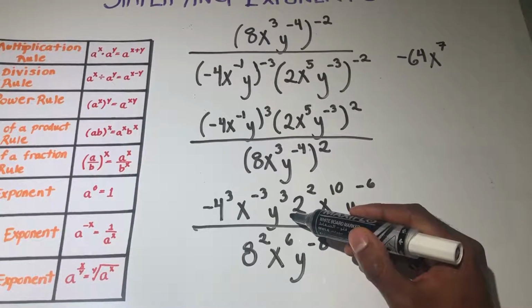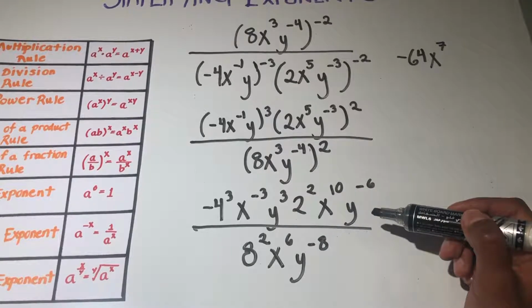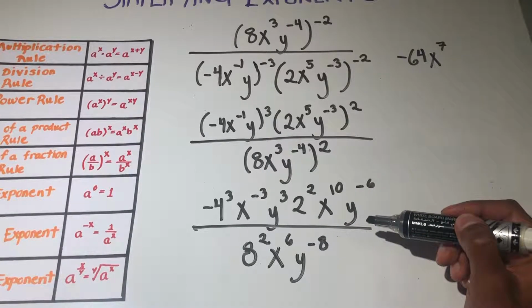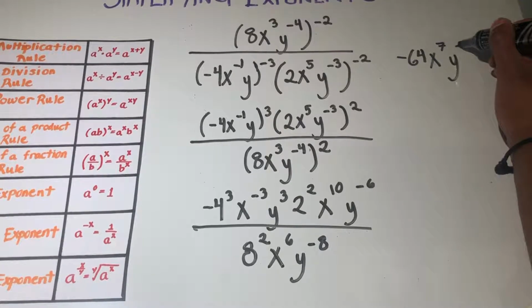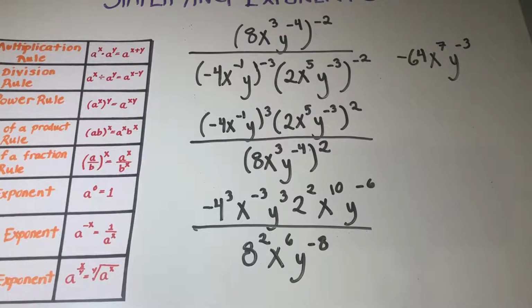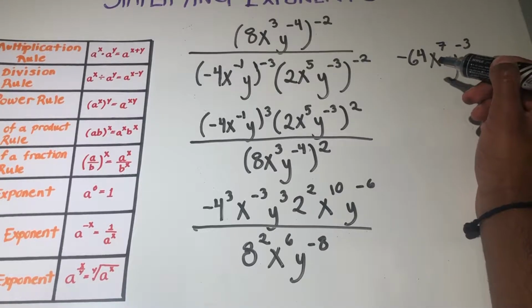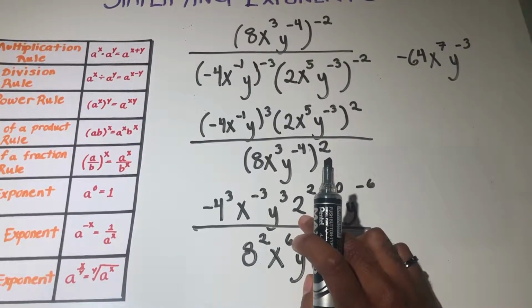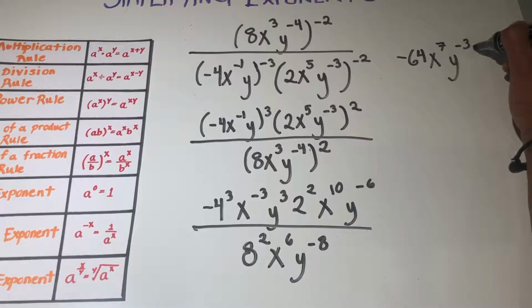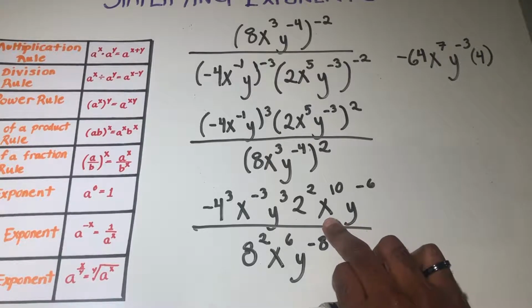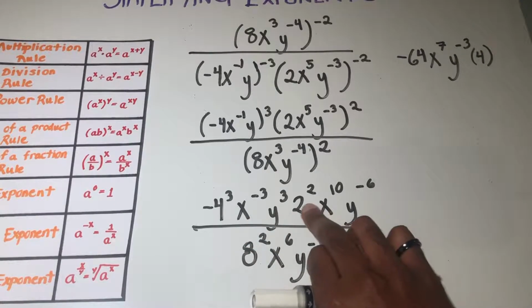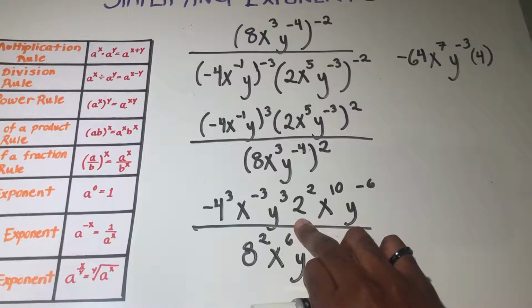And we have y to the power of 3 times y to the power of negative 6 is going to give us y to the power of negative 3. And we have 2 to the power of 2, which is 4. But I'm going to leave that here for a sec. Did we miss anything? We dealt with the x's, we dealt with the y, yep.